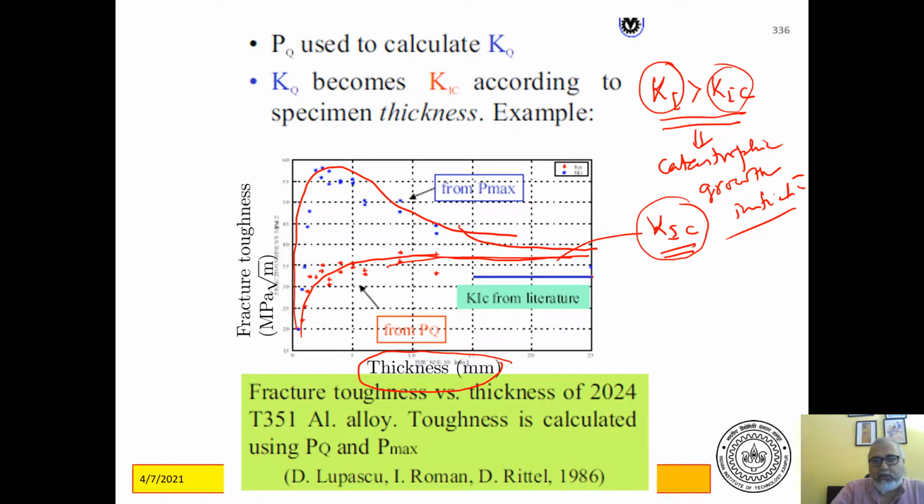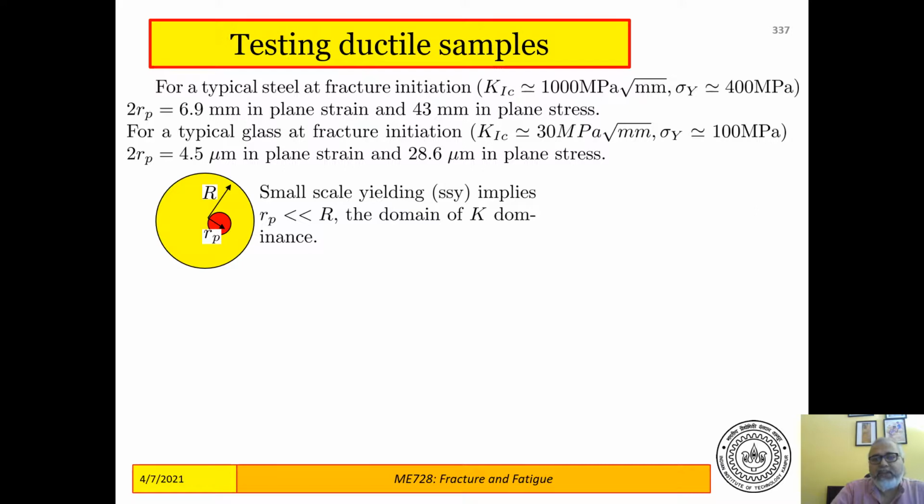Okay, now let us see what happens if you are testing some kind of steel. So at crack initiation, when K1C is reached, Rp will be proportional to (K1C by sigma y) whole square.